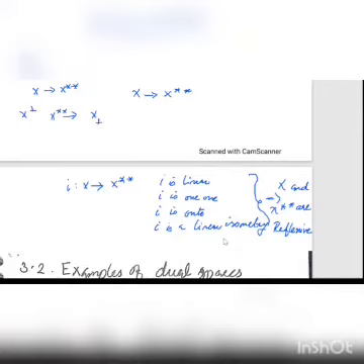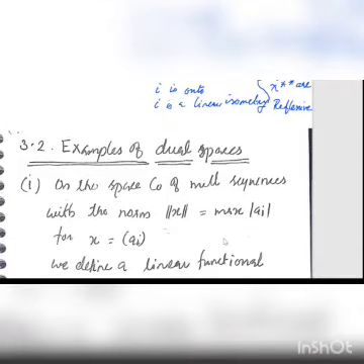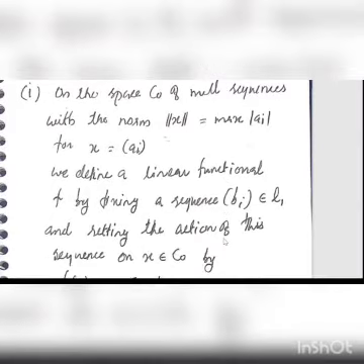Now here is an example of a dual space. You consider the space C0, the set of all sequences which converge to 0, the space of null sequences, with the norm of x equal to the maximum of mod ai, where x equals a1, a2, a3, etc. Now we define a linear functional f by fixing a sequence bi belongs to L1 and setting the action of this sequence on x belongs to C0 by f of x equal to sigma ai bi.